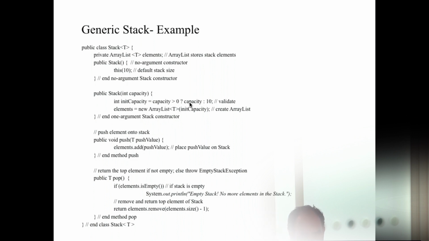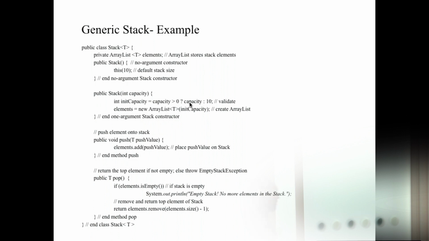If you don't use Java generics, then you have to write a separate stack for every data type. But if you use the Java generics feature, you can use a type parameter, and at runtime you can pass the argument value to that type parameter. And the syntax is again the same.